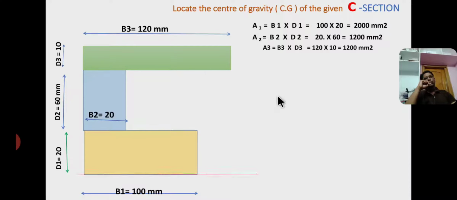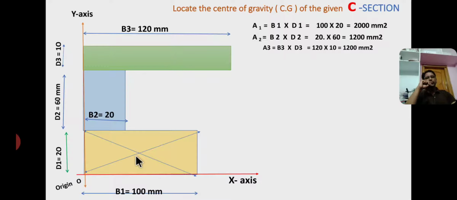Now this is the x-axis, this is the y-axis, and this is the origin. Now I am drawing the diagonal lines to locate the individual centroids. The centroid of a rectangle lies where its diagonals meet each other, and the intersecting point is called the centroid.